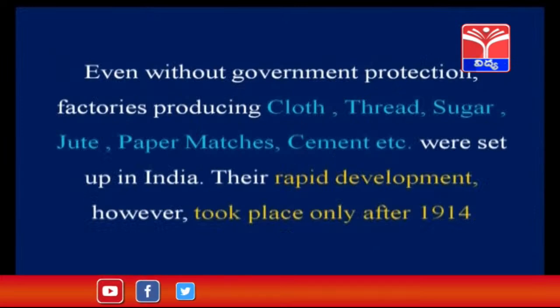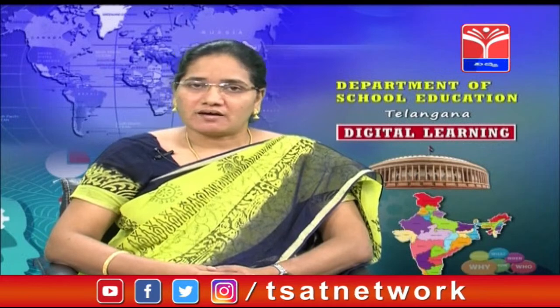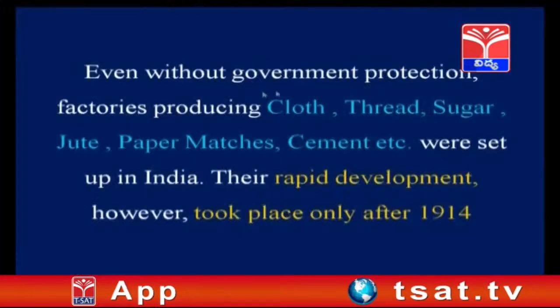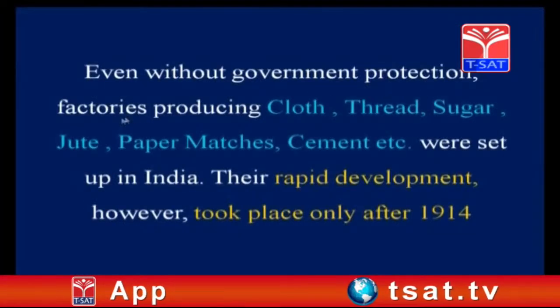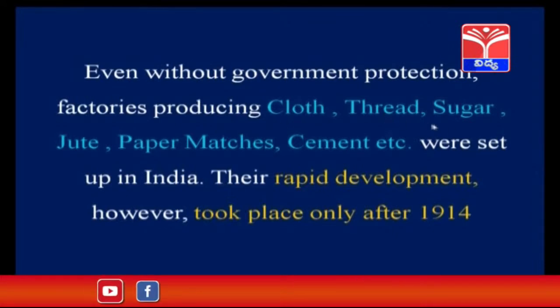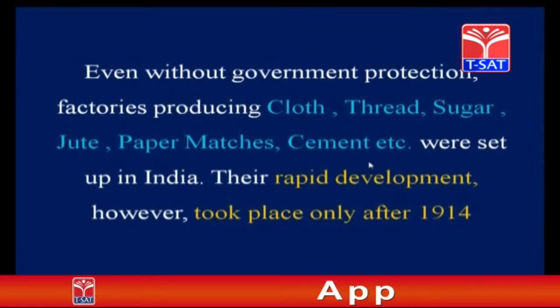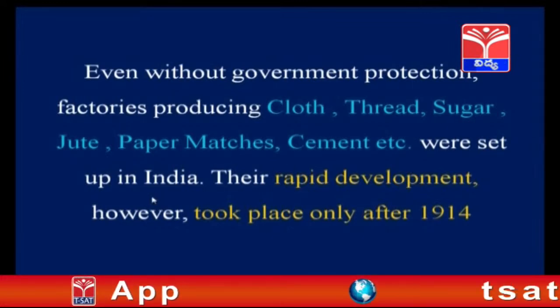Though there were so many hardships during British government, our Indian industrialists started some industries. See here, even without the government's protection, factories producing cloth, thread, sugar, jute, paper, matches, cement, etc. were set up in India.